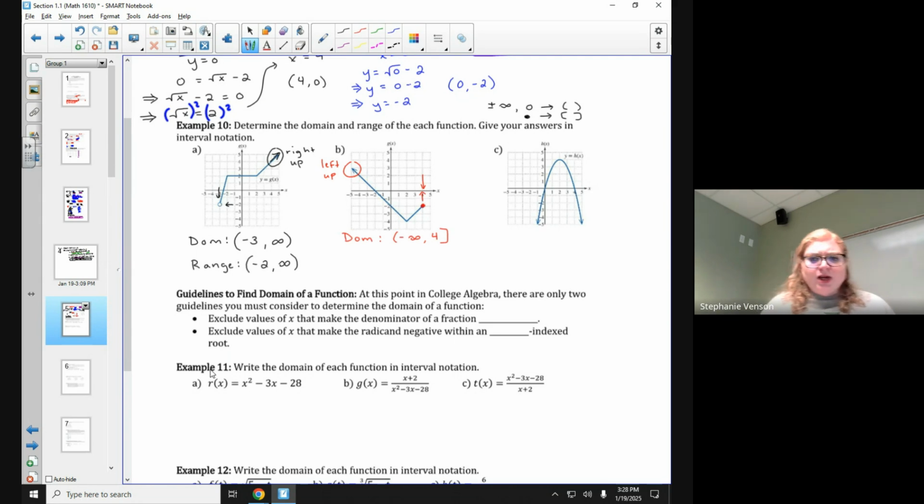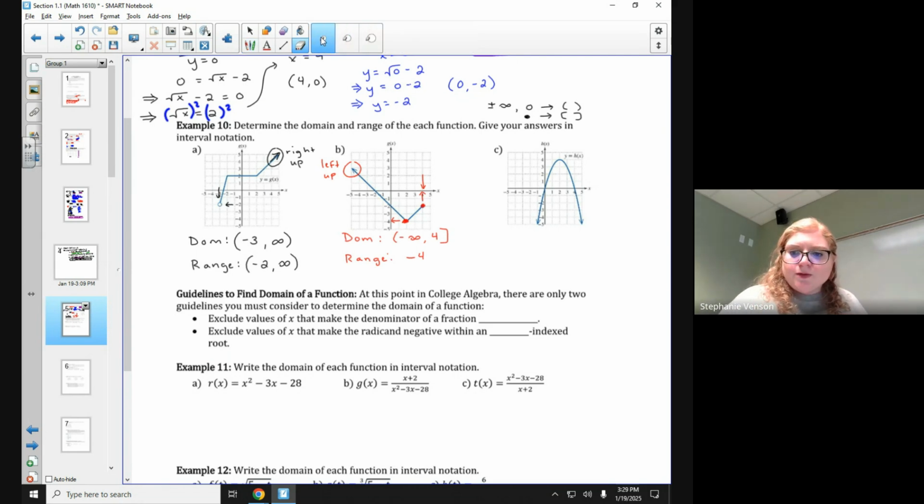Now let's talk about my range. The lowest y value that I ever hit seems to be right here at -4. So my range is going to begin with -4. Now I'm going to erase the dot that I just put there. But do you see how there may not be a clear closed circle, but it's not an open circle?